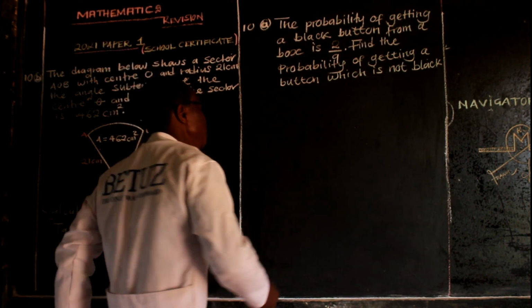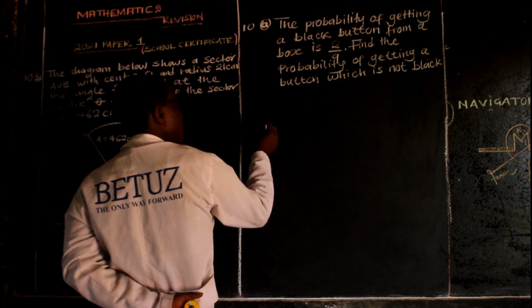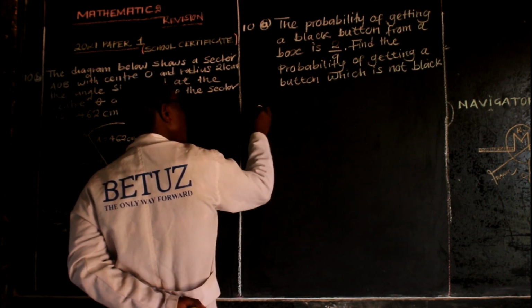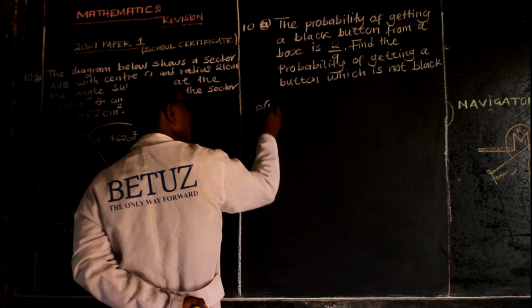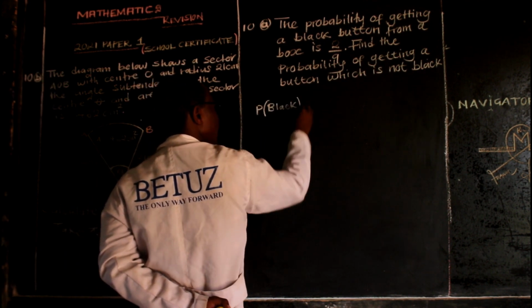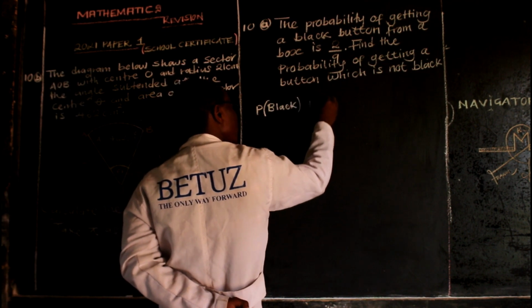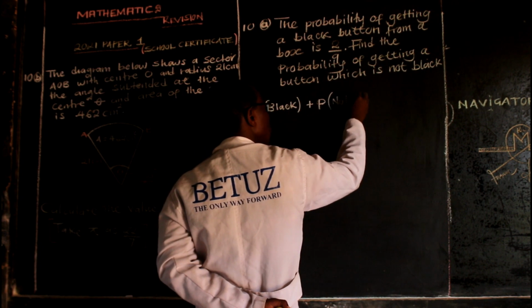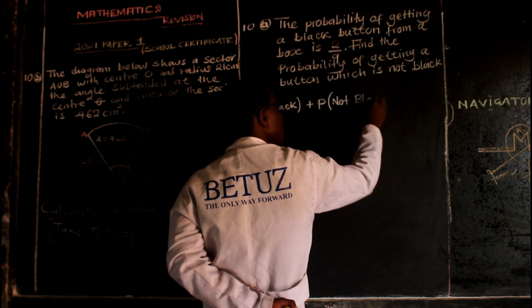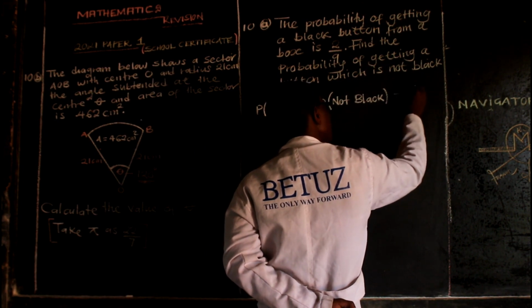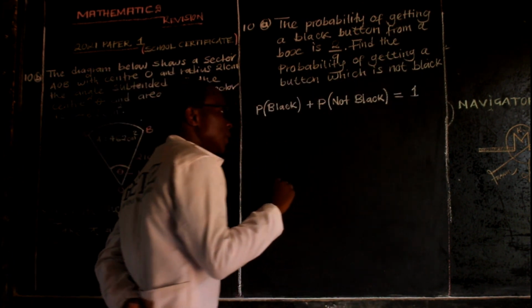So we know that the probability of black plus probability of not black is equal to 1. Probabilities add up to 1.